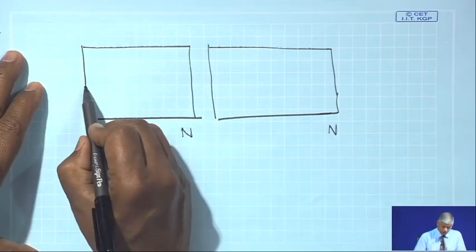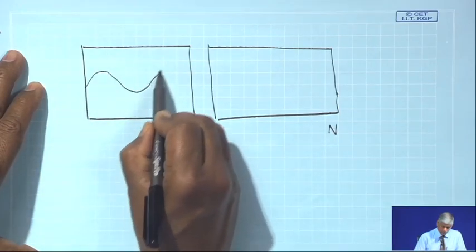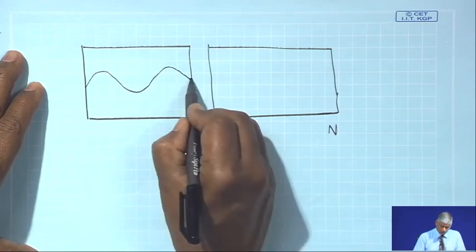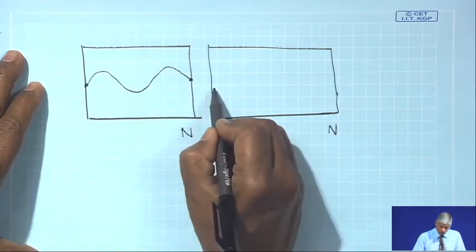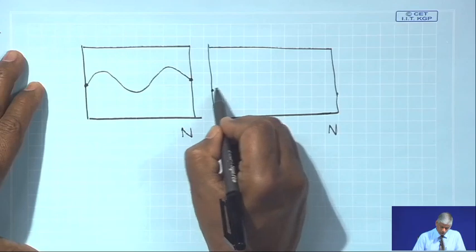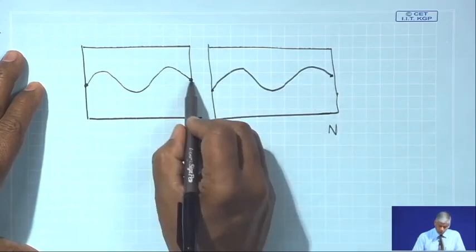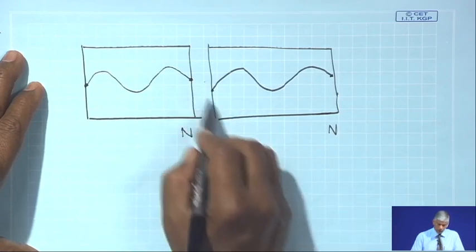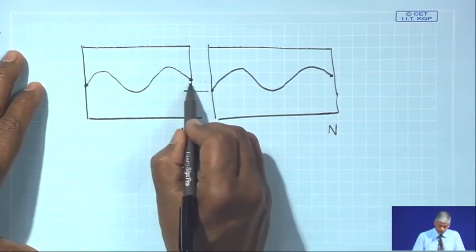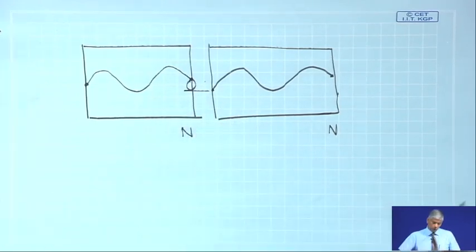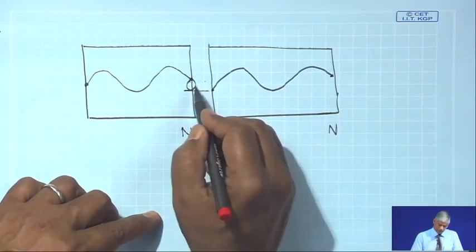If my signal is like this, the next signal would assume the same. So, if I bring these signals closer, I will have maybe this kind of a gap. So, this is what is known as a leakage.